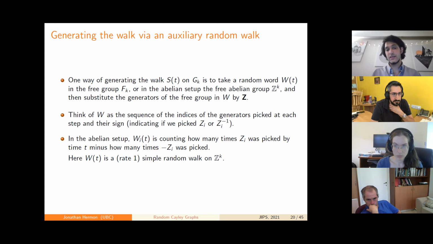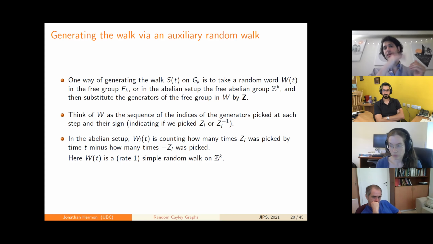When we do that, we get that W is a simple random walk in continuous time on Z^k. So W encodes the information of how many times we picked each generator minus the inverse of the generator. Are there any questions about this?